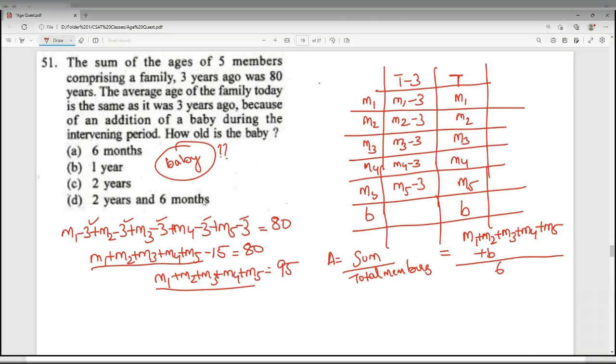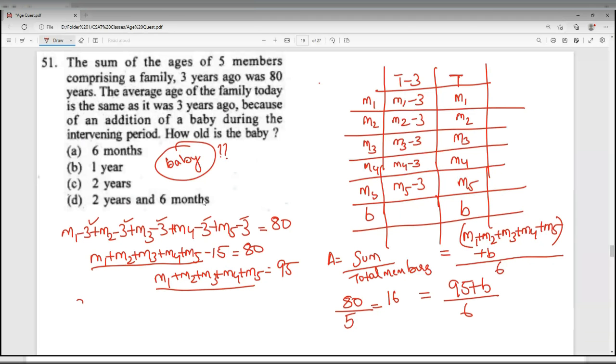So 3 years ago, what was the average? The sum was 80 and total members were 5, and this is 16. So this is equal to this, and M1 plus M2 plus M3 plus M4 plus M5 is 95. So you can take it as 95 plus B divided by 6.